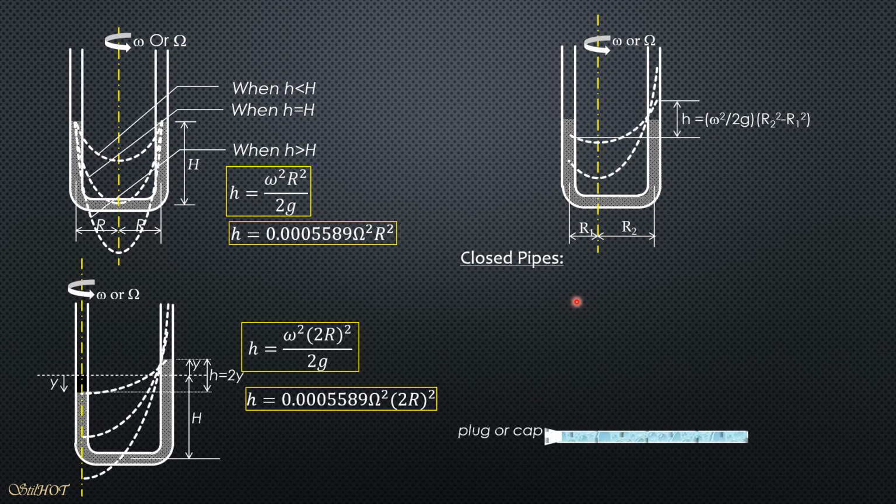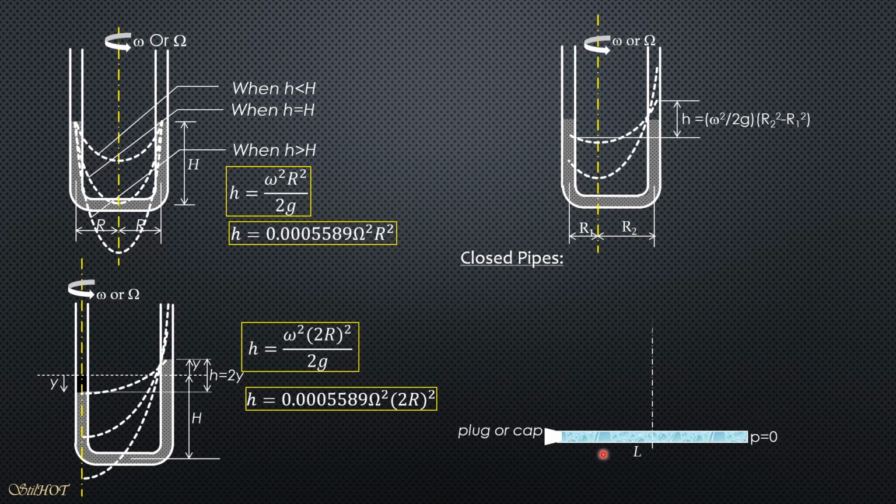Then lastly, for closed pipes, assuming the pipe is plugged or capped and there's no pressure initially. If there is pressure, you have to convert it into pressure head first to locate the surface of zero pressure, which is horizontal, and the same principle applies.